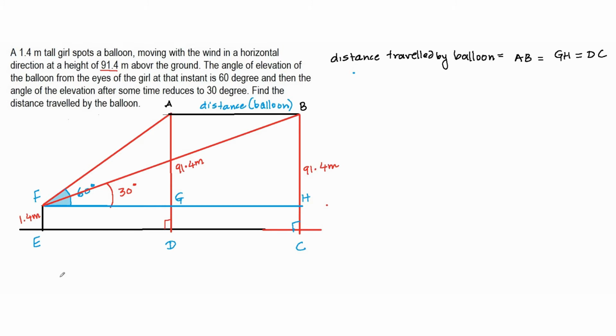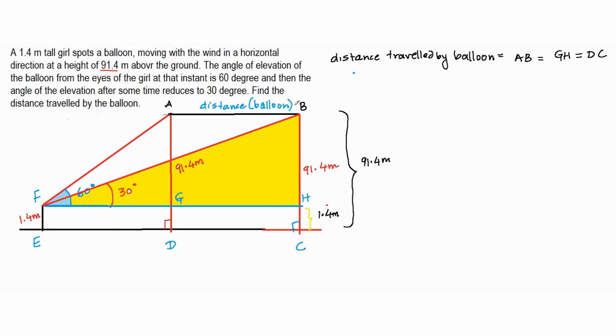Okay, so now let us do one thing. Let us first consider the triangle FGB. I can very easily find the length of BH because this particular length is 1.4 meters, HC is 1.4 meters, and the total height of the balloon is 91.4 meters.